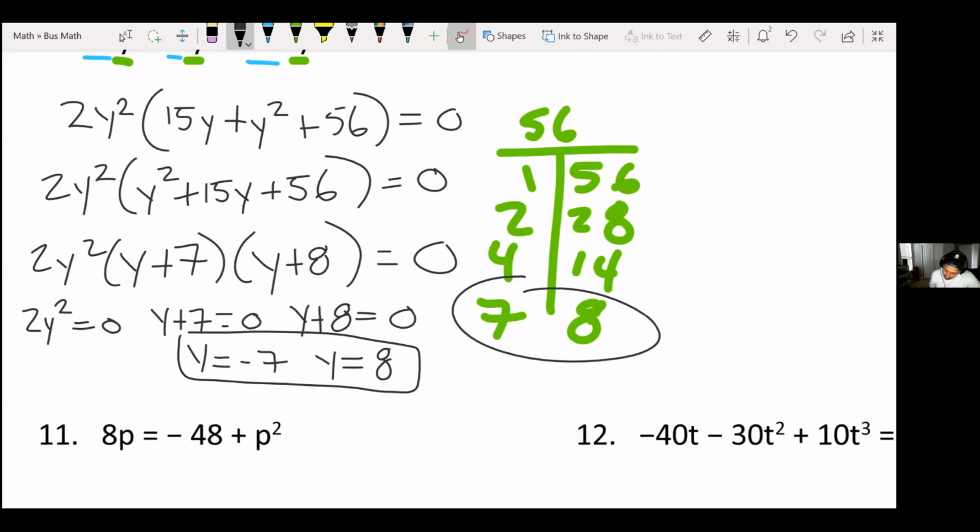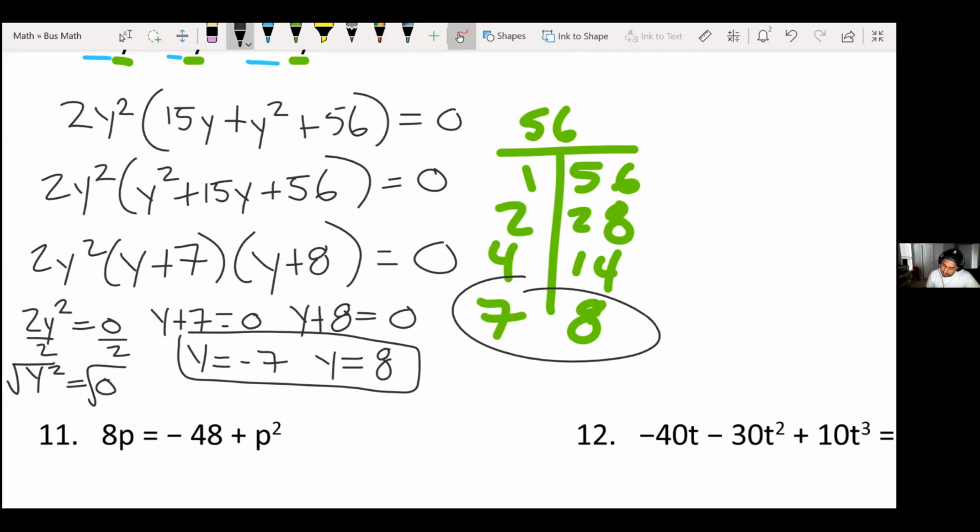And then here we are going to have to solve for y. So first we divide by 2. Divide by 2. We have y squared equals 0. Now on the next page is where we learn the square root method. So if we are trying to solve for y and I want to get rid of the y squared, I am going to square root both sides.